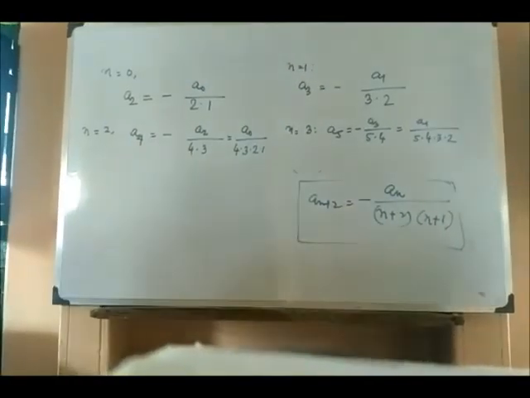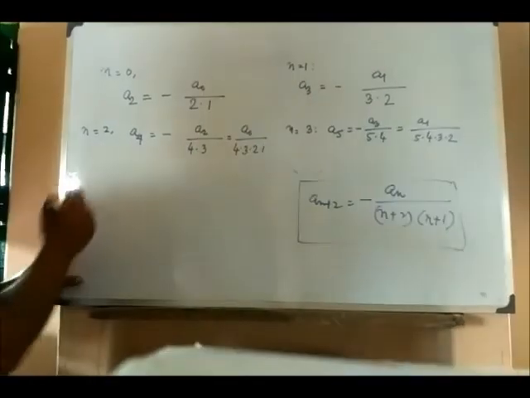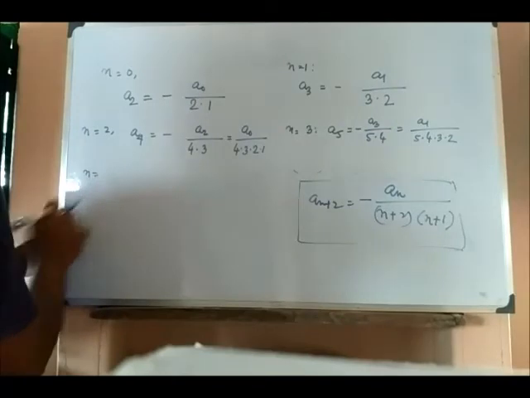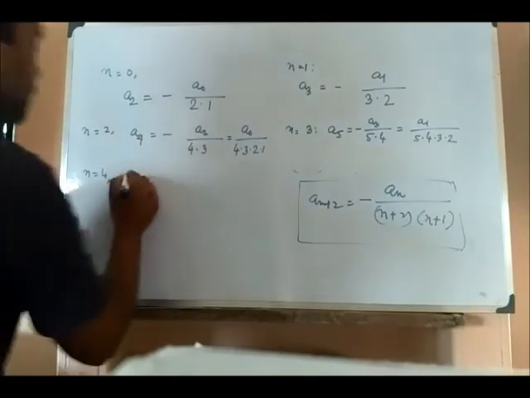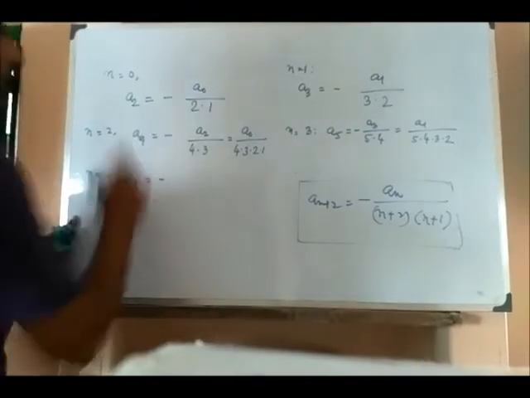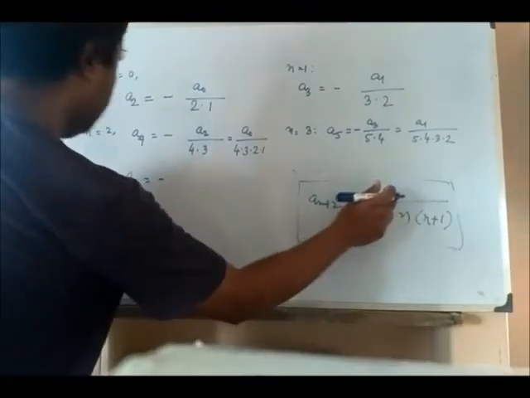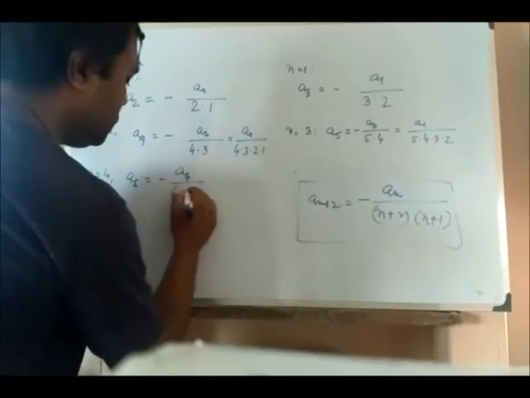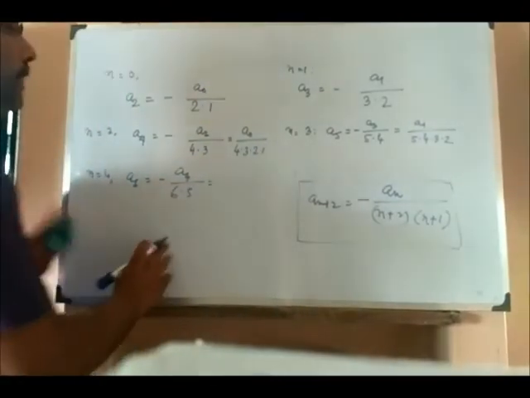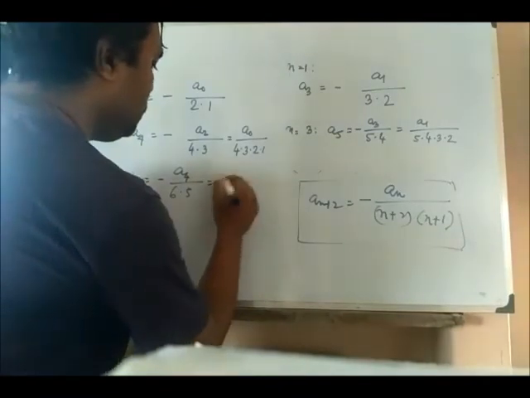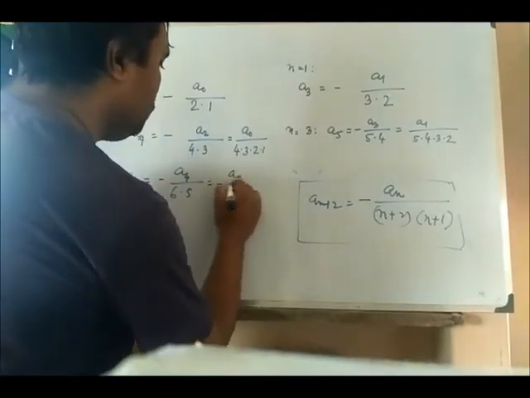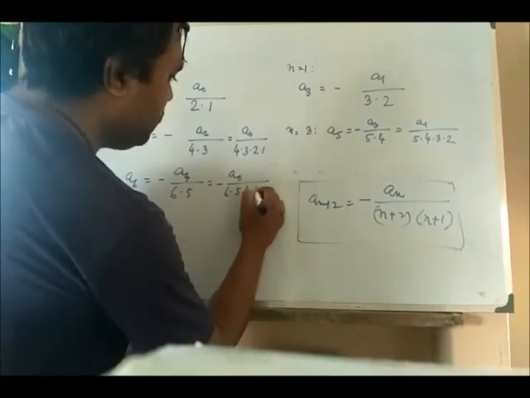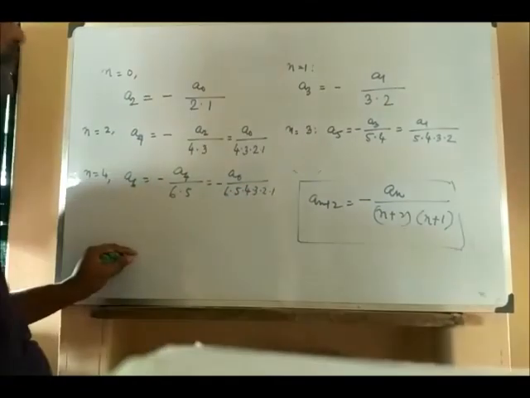In a similar way, n equal to 4 gives a_6, which will be minus a_4 divided by 6 into 5, so this can be written as minus a_0 divided by 6, 5, 4, 3, 2, 1.